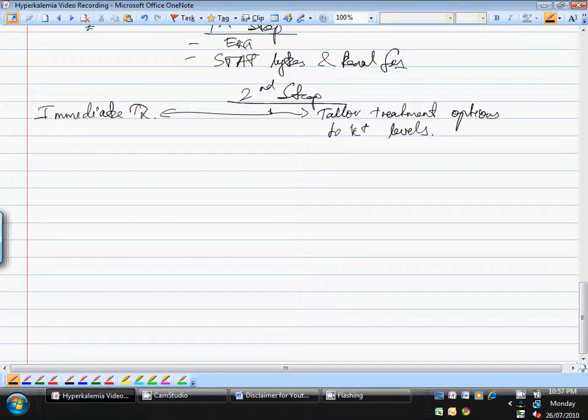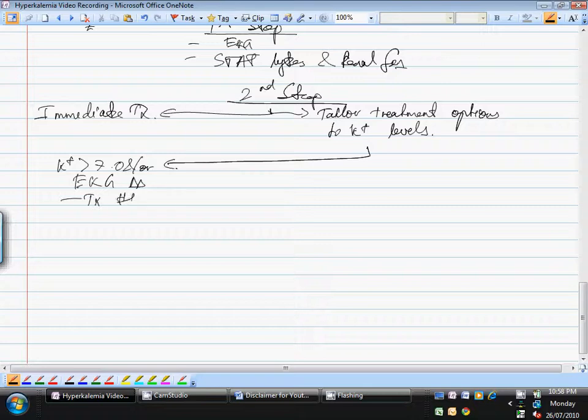Okay. Now, how to do this? If the potassium level is greater than 7.0 and/or they have EKG changes, you use treatment options 1, 2, and 3, and we'll get to what these treatment options are later. And again, this particular category usually falls in the immediate treatment category.